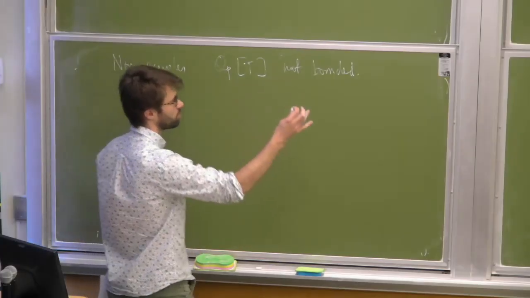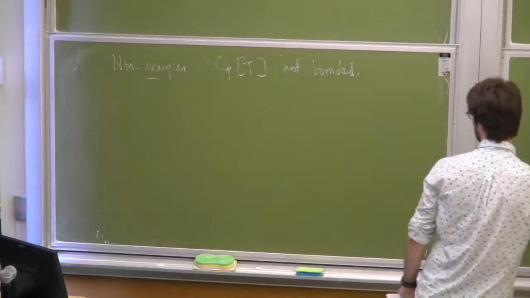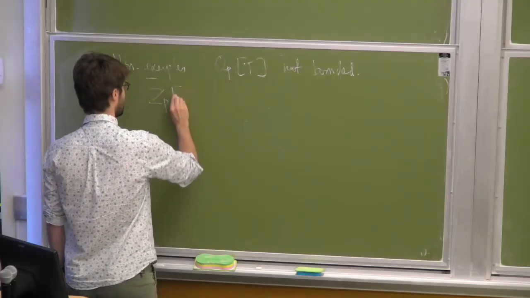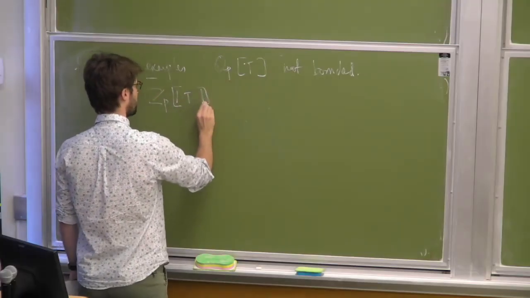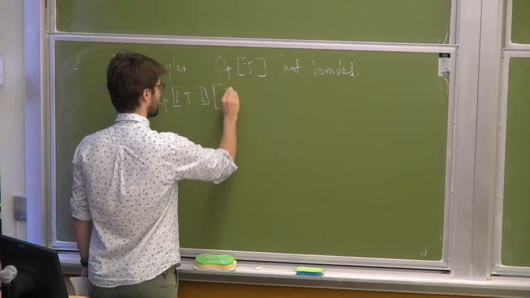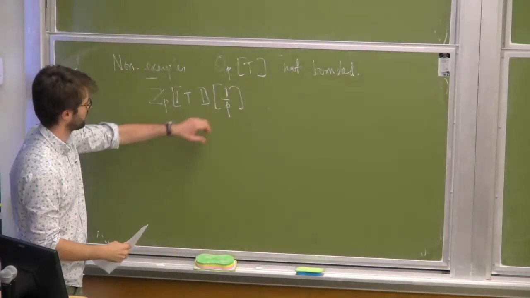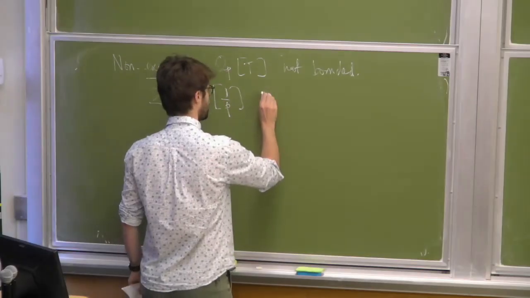But asking moreover that you have something Gelfand also excludes examples like this one: something like bounded functions on the open disk. This one is bounded, but it's not Gelfand.